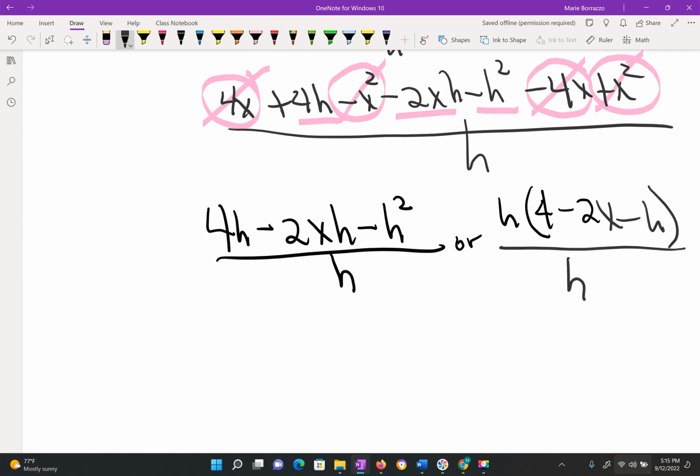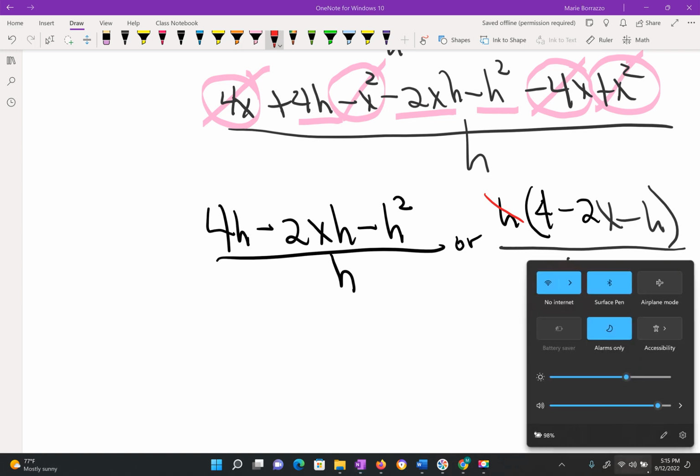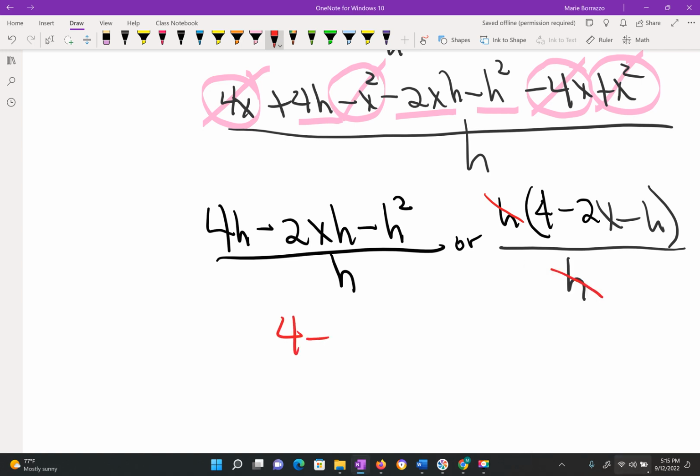But remember, these h's are going to cancel. That cancels with that. So now you have 4 minus 2x minus h.